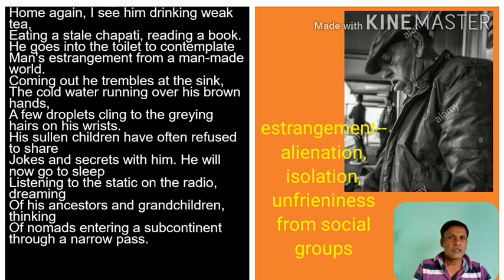But actually, this does not take place. The hope is diminished. He loses the hope as he reaches home and finds the same indifference there. The family members also seem to be indifferent. They do not have any kind of attachment. They do not show any kind of affection, love, or eagerness to meet the father.